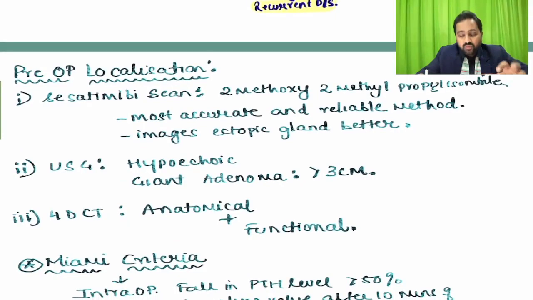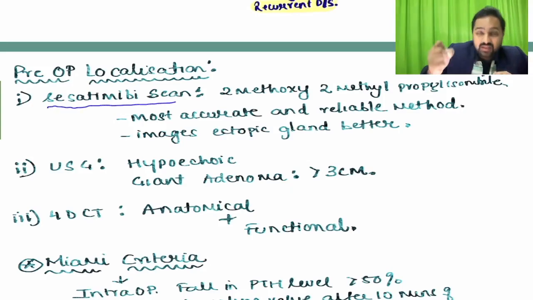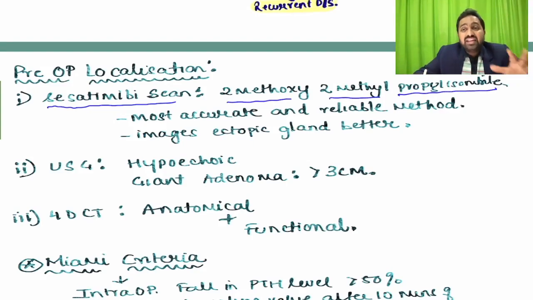Over here, I would like you to remember this important point mandatorily, which is the use of sestamibi scan, which is nothing but 2-methoxy 2-methyl propyl isonitrile. It is the most accurate and reliable method. It usually has almost the same sensitivity and specificity as the ultrasound, but it images the ectopic gland better.